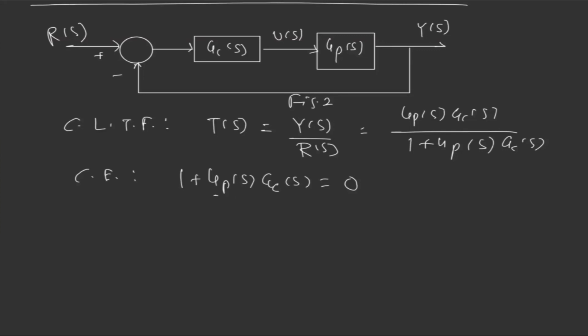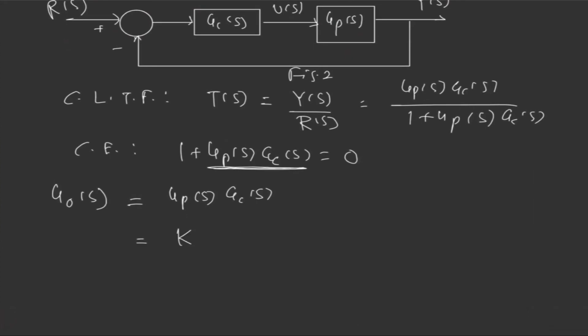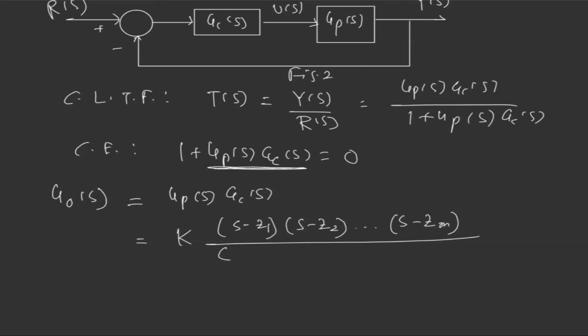So basically this is what I did during the steady state analysis. This we denote as the open loop transfer function, G naught S, which we can write in the structure GP of S GC of S. We can write it as K, the controller gain or system gain, times S minus Z1, S minus Z2, up to S minus Zm, and in terms of poles, over S minus P1, S minus P2, up to S minus Pn.